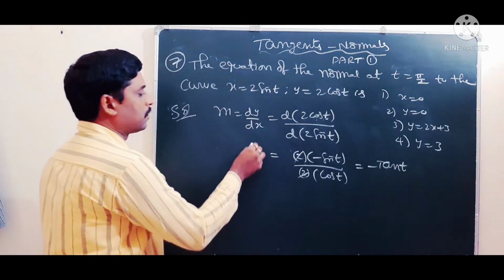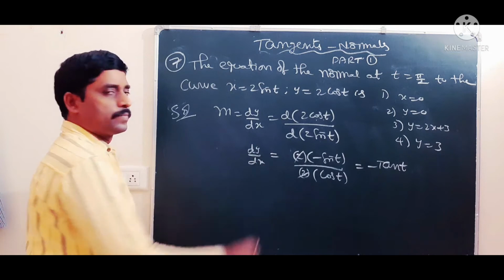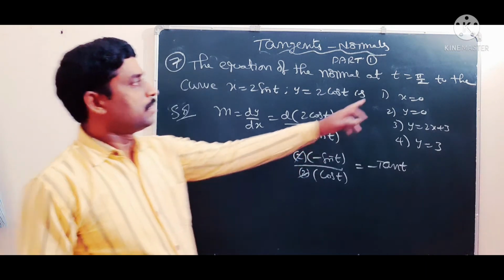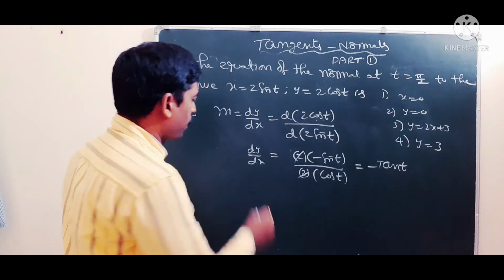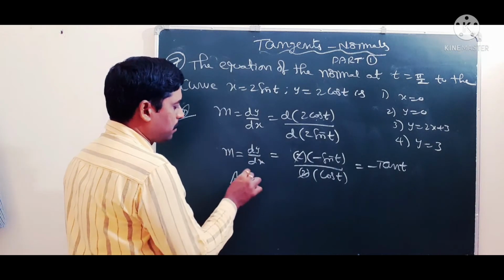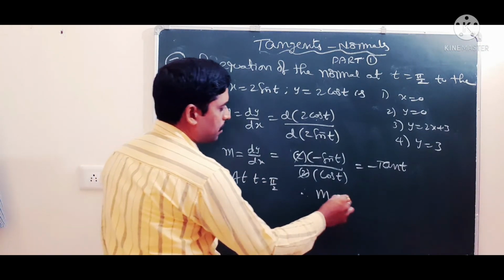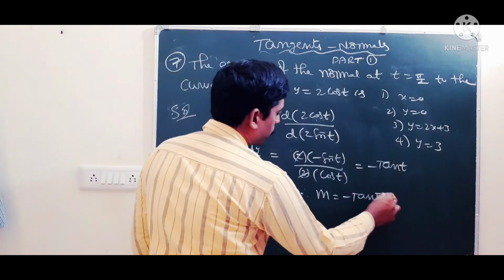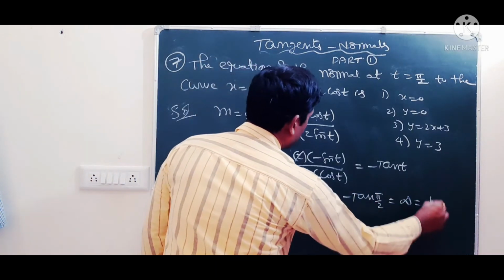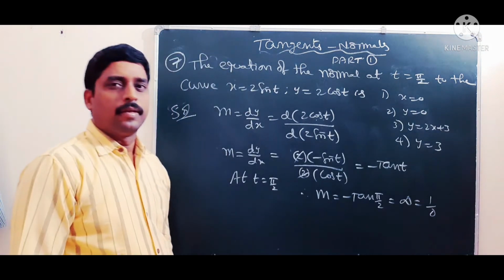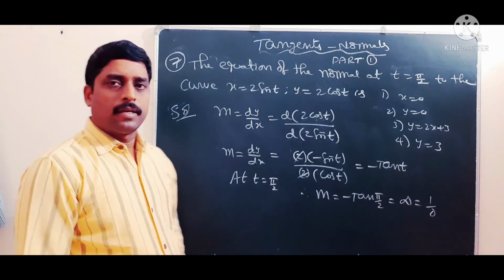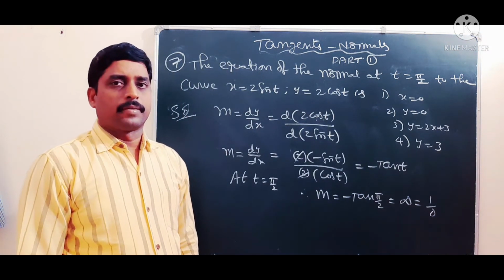Okay. What is this dy by dx value at t equals pi by 2? At t equals pi by 2, m is equal to minus tan 90, which is infinity, 1 by 0. Okay. So our target is the point (x1, y1).